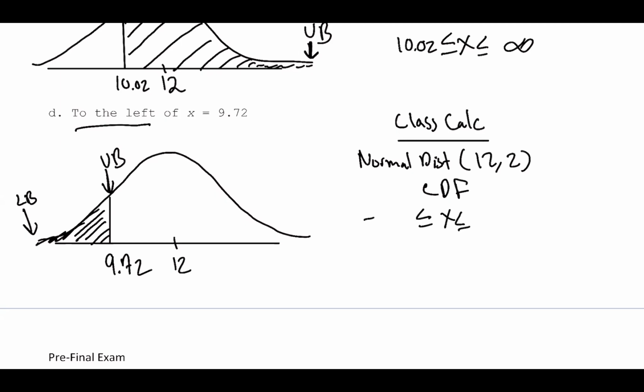Our lower bound will be negative infinity. My upper bound will be 9.72. If you enter that into Class Calc, that should give you the correct answer for part D. And that's it for part D. Any questions for part D? No. All right.